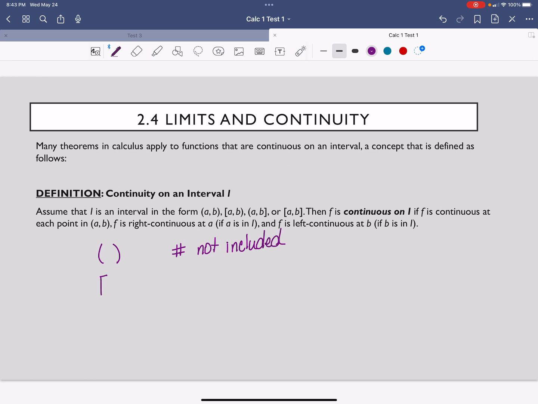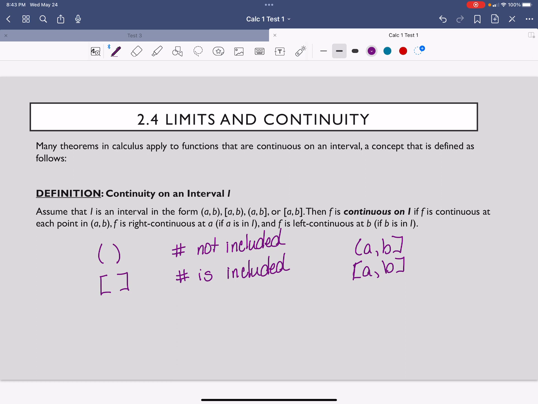And when I use brackets, that means the number is included in that interval. And you can have a parenthesis and a bracket, or you could have both brackets.